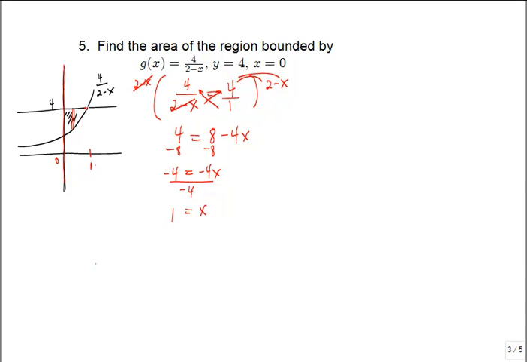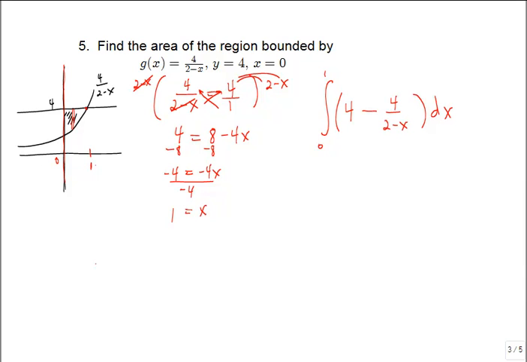That's this curve, which has the equation 4 over 2 minus x. So in terms of our integral, the 4, the horizontal line on top, comes first, minus the curve on the bottom, which comes second. That's what we want to integrate. And our bounds, we just found, were from 0, the y-axis, up until 1, which is where they intersect. So from 0 to 1.